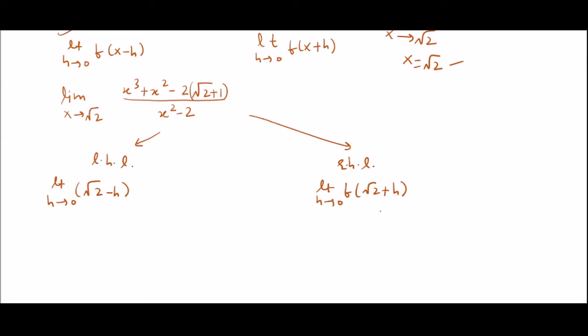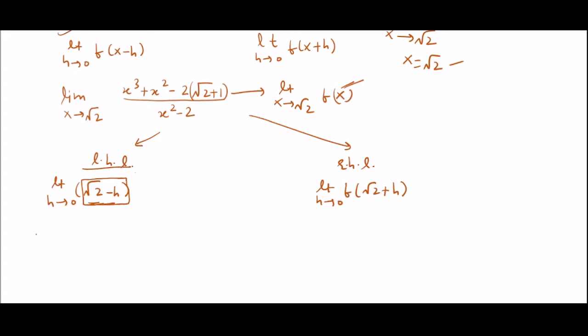Okay. So what we will do, we will simply substitute root 2 minus h inside f of x. Since this was limit x tends to root 2 f of x, so x now can be written as root 2 minus h for the left hand limit, right?